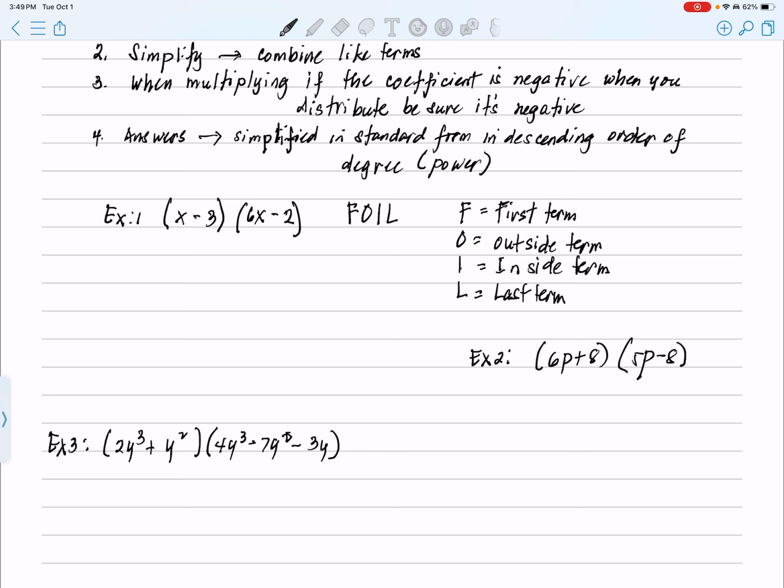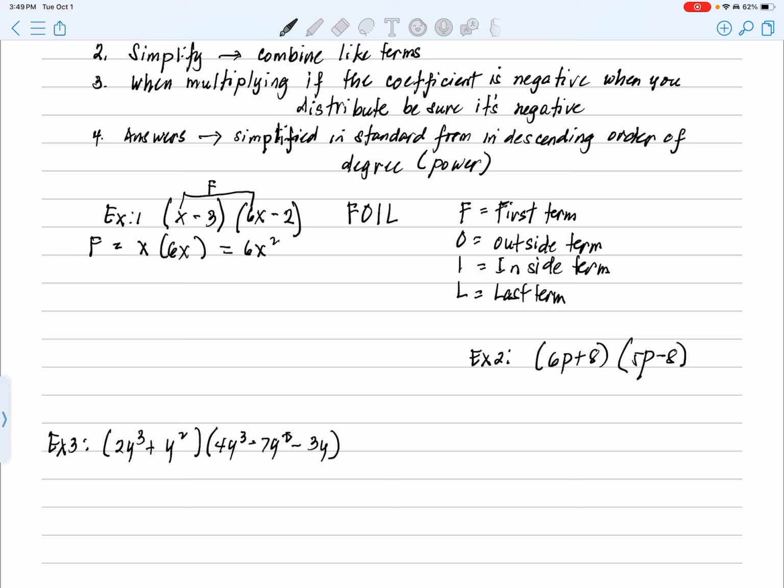Okay, let's apply the FOIL method in this case since we are given two binomials here. So this will be your first term. Okay, so I will multiply. Our first term will be x times 6x, and that is 6x squared.